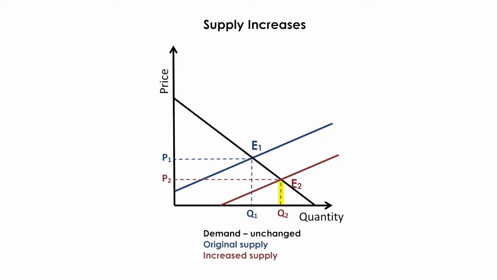So although seemingly the supply went down as the graph itself, if you look at it, the quantity has increased. So that's why you call it a supply increase, and that's why it's named a right shift, because quantity in the right direction is growing. It's getting bigger and bigger.